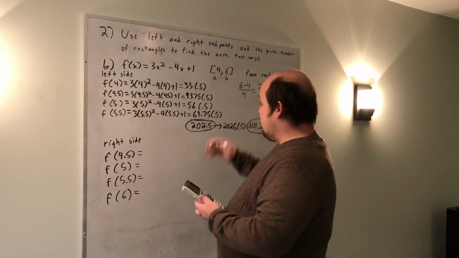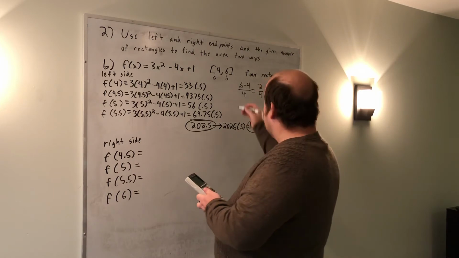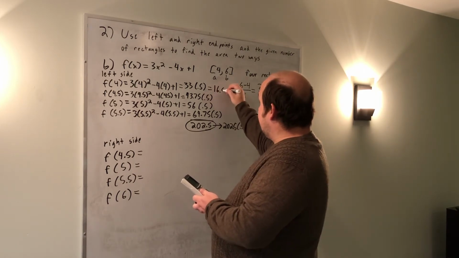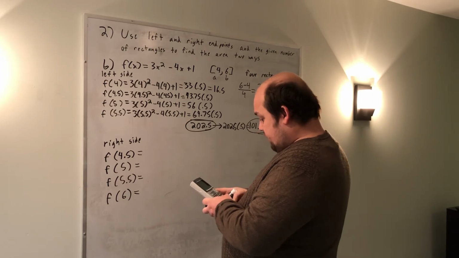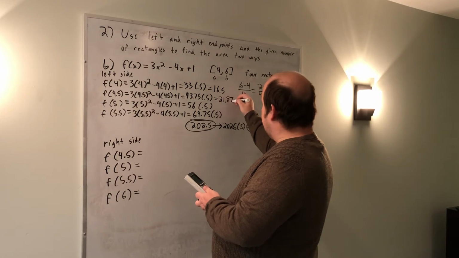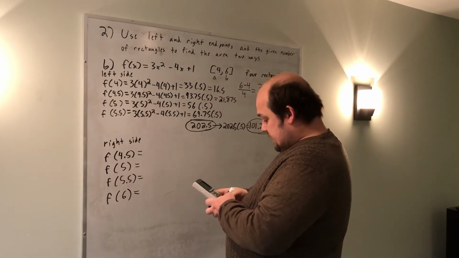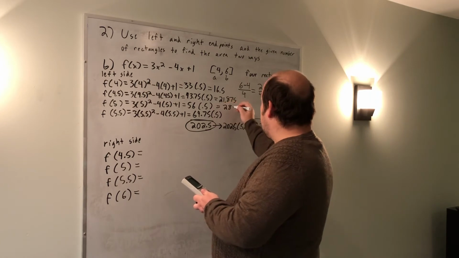But let me go back and correct these. 33 times 0.5 gives me 16.5. 43.75 times 0.5 gives me 21.875. 56 times 0.5 gives me 28.